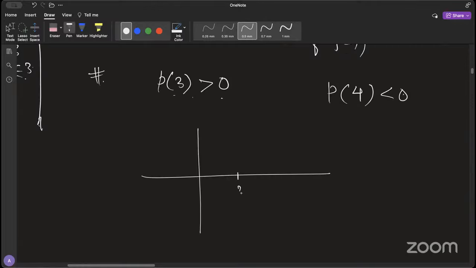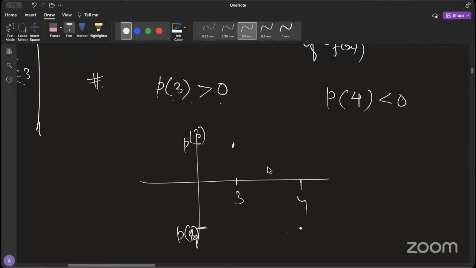If this is 3, this is 4, then P3 is something positive here, and P4 is something negative. Let's take this to be P3 here. These are the 2 points.